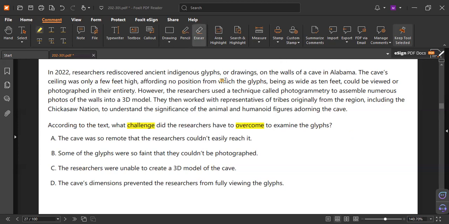Yes, please. He asked you the question, what challenge did the researchers have to overcome? So this means they faced a problem. So what is the problem they faced? When we go to read, we need to find what's the problem, what's the trouble that makes them unable to do it. He said here, the cave's dimensions. Do we have any evidence for it?